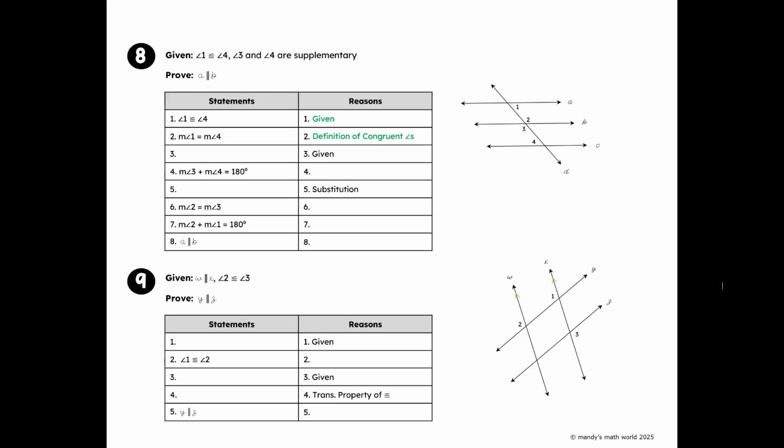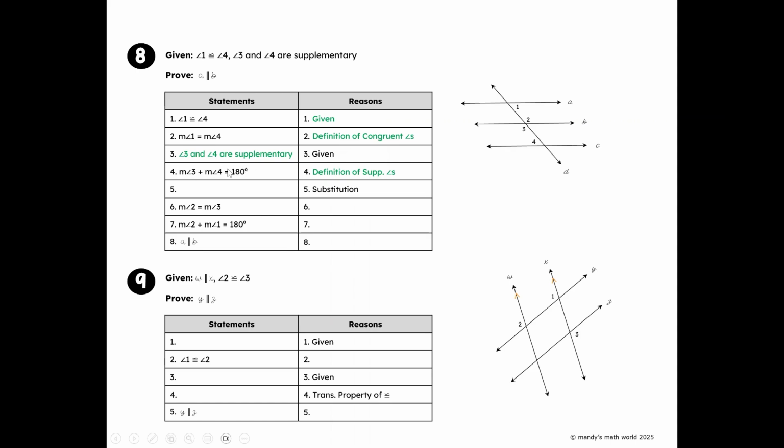So then I'm going to write the next given statement, which was that angle 3 and angle 4 are supplementary. So I've got these 2 angles right here that are supplementary. By the definition of supplementary angles, I get that their angle measures, when I add them together, the sum of those should equal 180 degrees. Okay, so I've now got the measure of angle 1 equals the measure of angle 4, and I've got this equation right here.